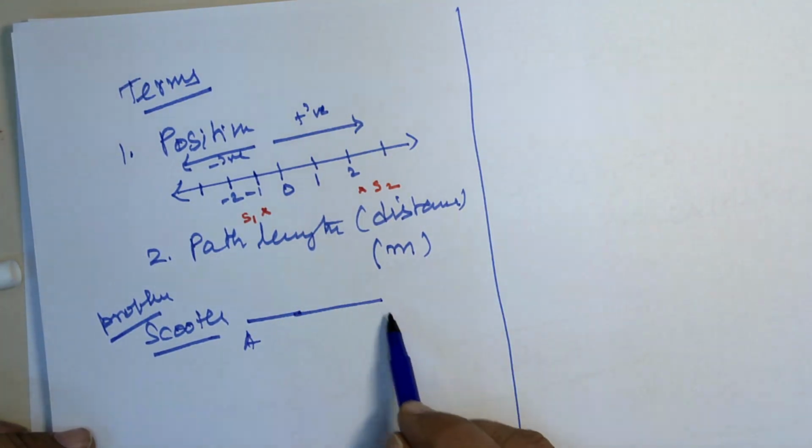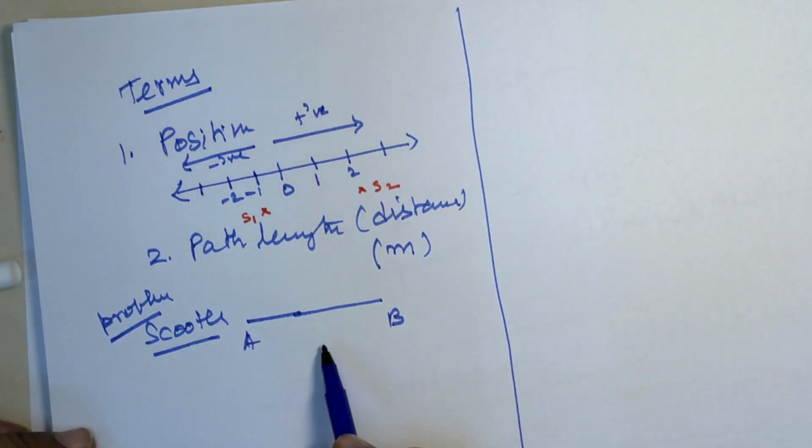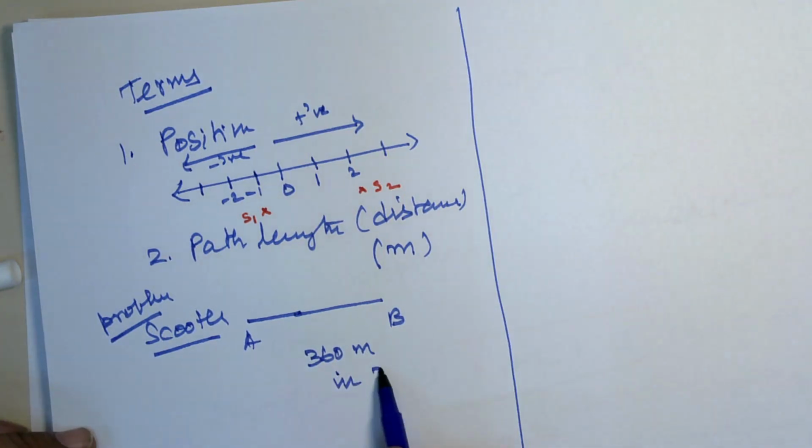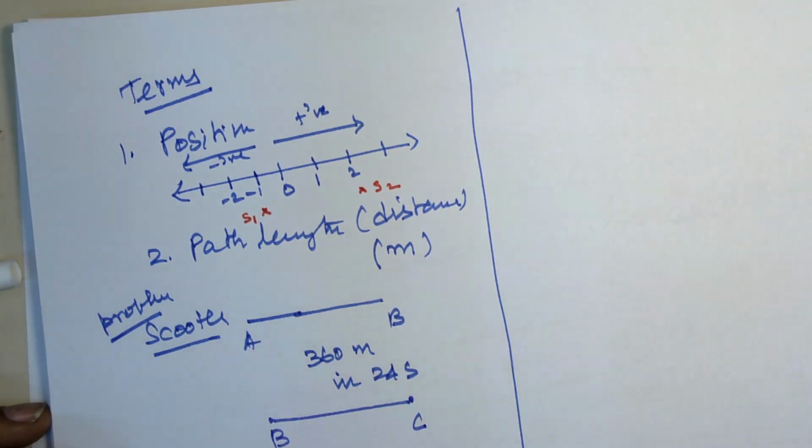It covers the distance AB, 360 meter, in 24 seconds, and travels from B to C, 240 meter, in 18 seconds.